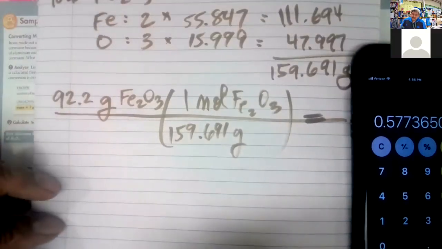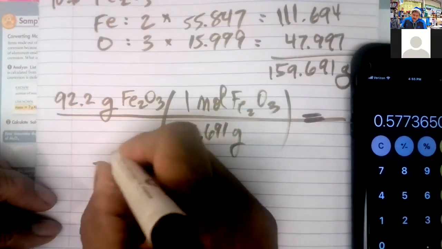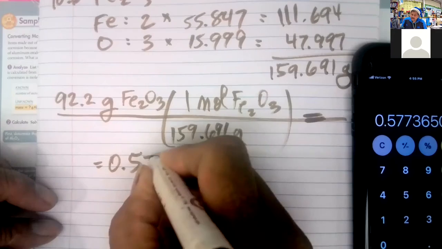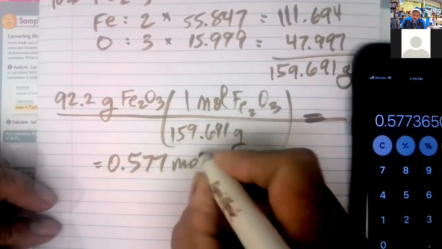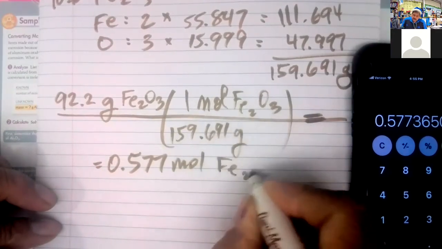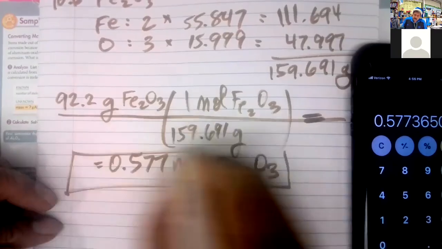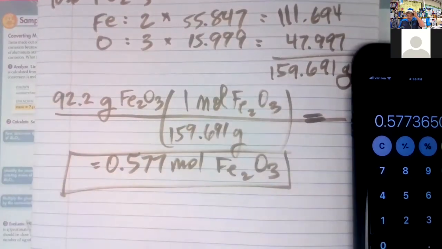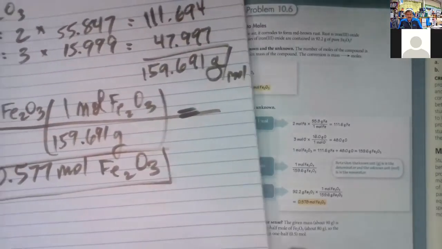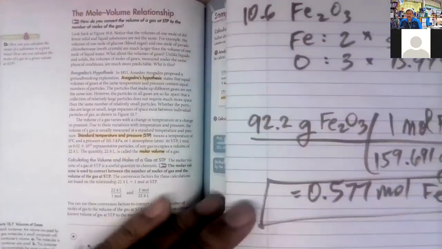And so that is the answer. The answer is 0.577 moles of Fe2O3. And that's how you do that one. That's 10.6.